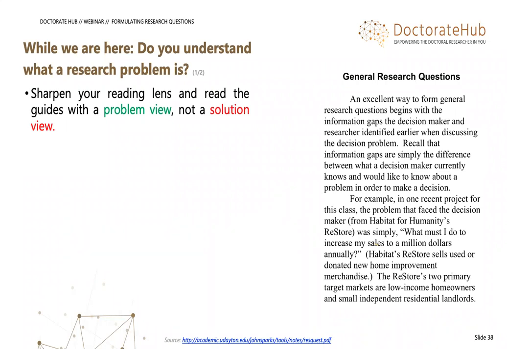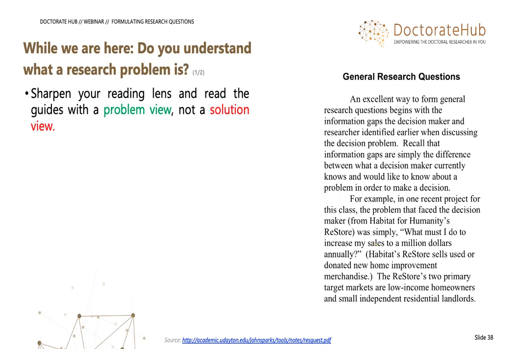Recall that information gaps are simply the difference between what the decision maker currently knows and would like to know about a problem in order to make a decision. For example, in one recent project for this class, the problem that faced the decision maker from Habitat for Humanity's ReStore was simply: what must I do to increase my sales to $1 million annually?